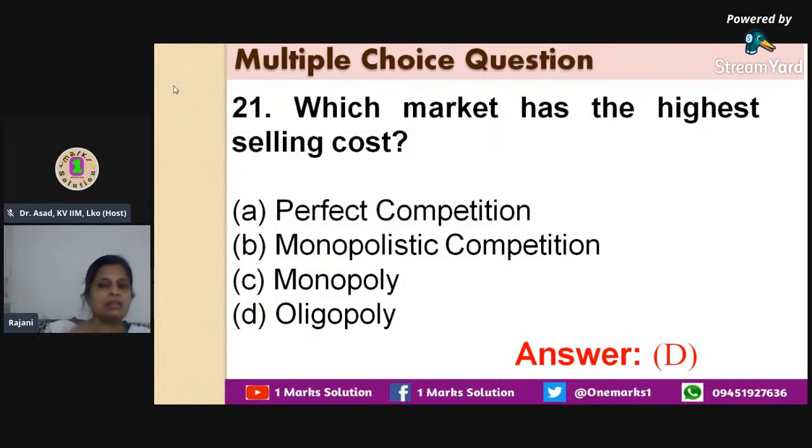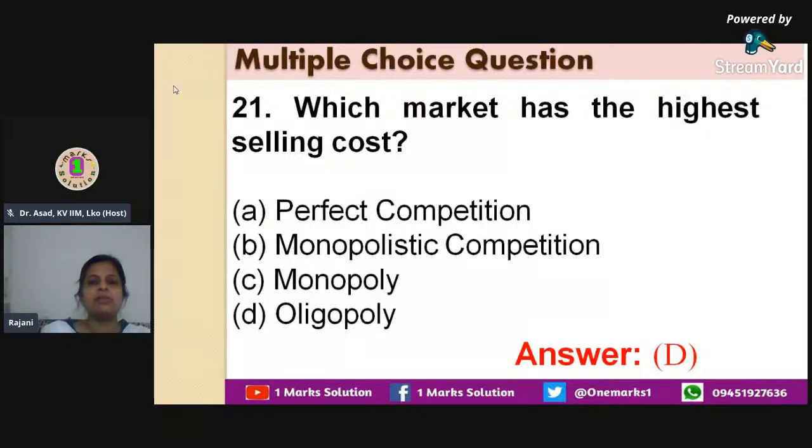Monopolistic competition is also relevant, but more than that, in oligopoly, especially in the case of non-collusive oligopoly, firms are closely observing the strategy of rivals. So selling costs are very much relevant in the oligopoly form of market structure.